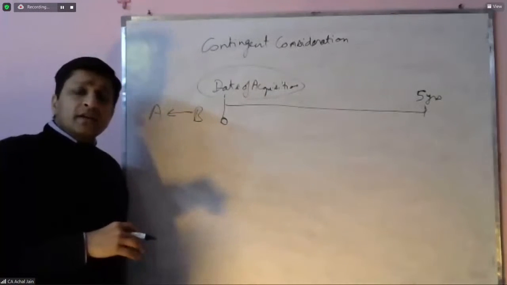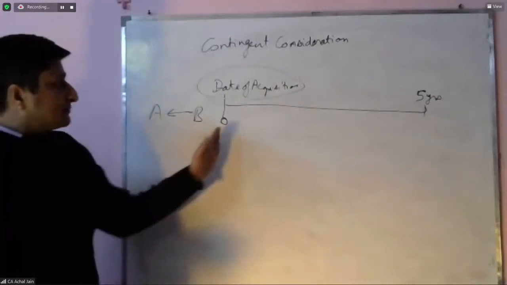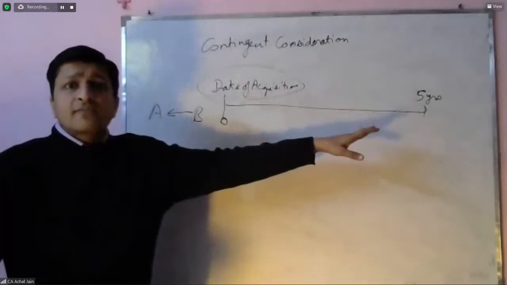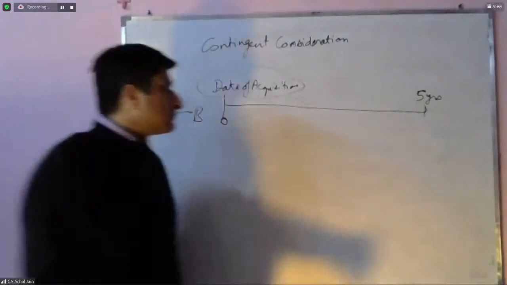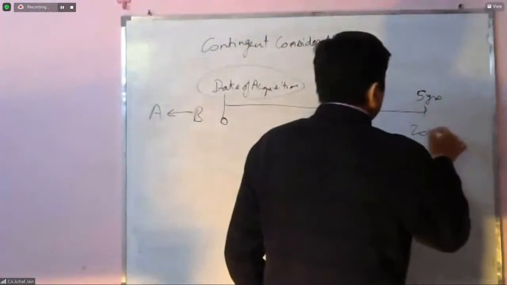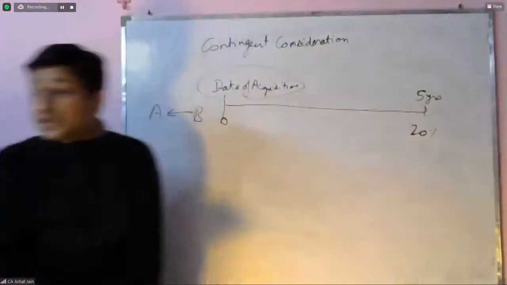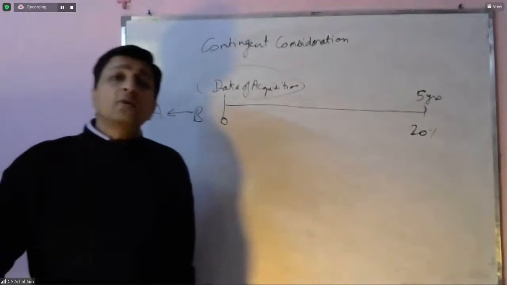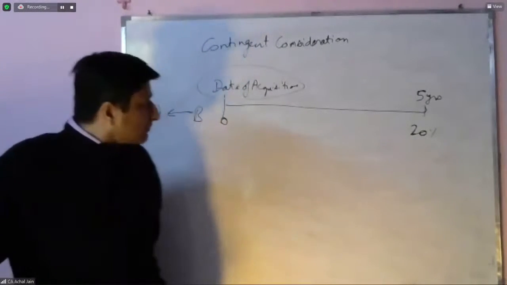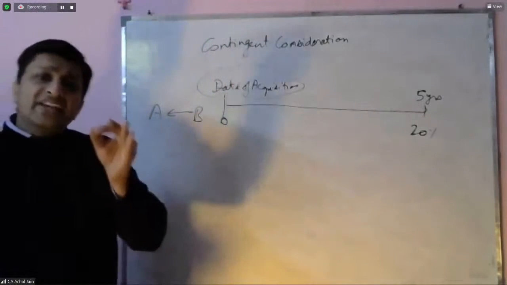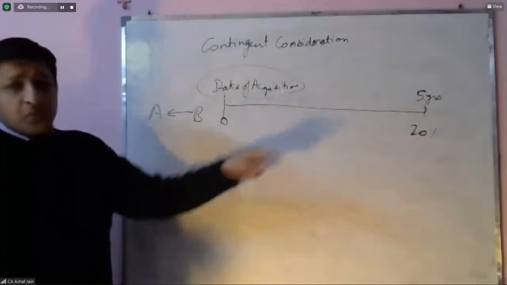the buyer says that if the profitability of the company will increase by 20% in the next 5 years, then some additional consideration will be paid by the buyer at that point of time.